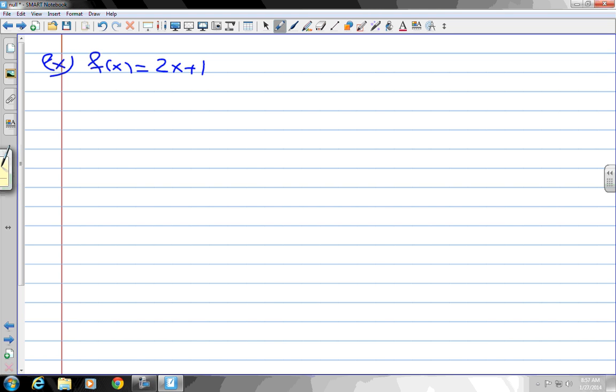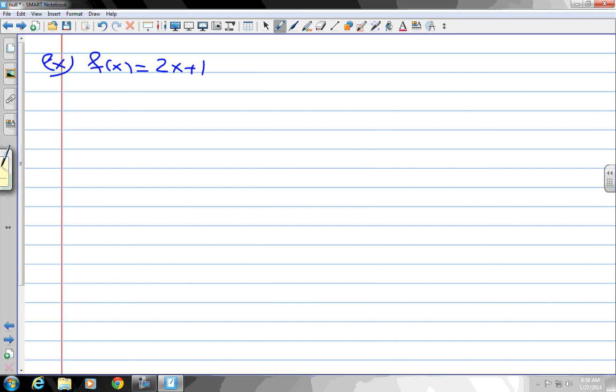What exactly is this function going to do to whatever you feed it? You toss a 5 into that function. What's going to happen to that 5? It'll get multiplied by 2, and then 1 will get added to it, right? So if you pay attention to the order of operations, first times by 2, then add 1. The inverse will do the exact opposite in the opposite order.